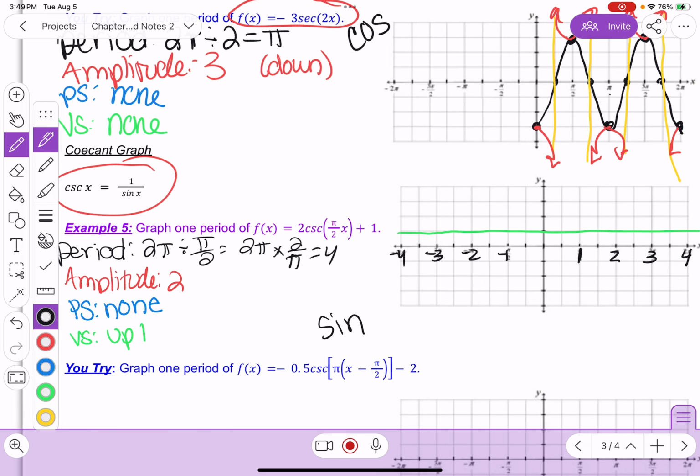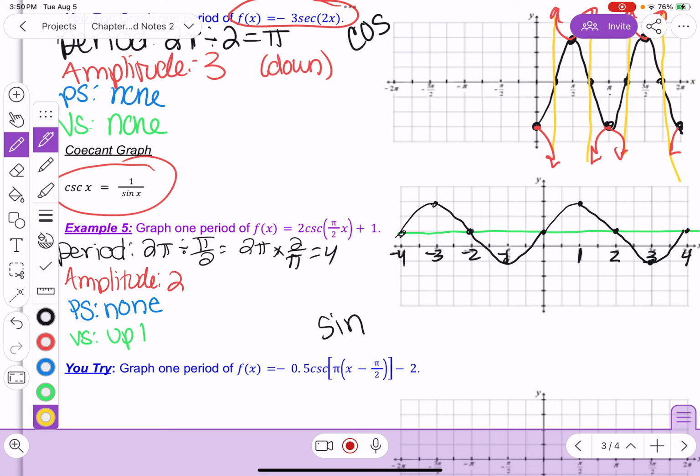So sine starts on the midline. And my period was 4, so it would start there and end there, and then hits that in the middle. We go up first, so up 2 from the midline, down 2 from the midline. So that's 1 period of sine. And I would do the same thing in the negative direction. I'm going in reverse. So there's another period.